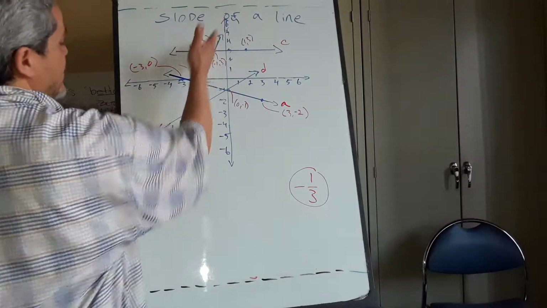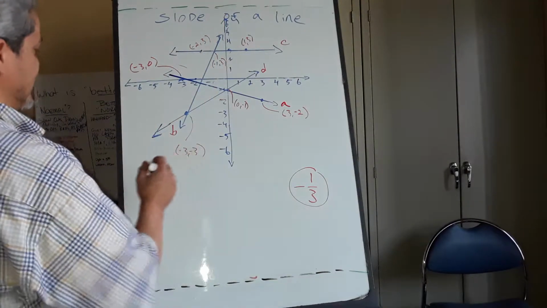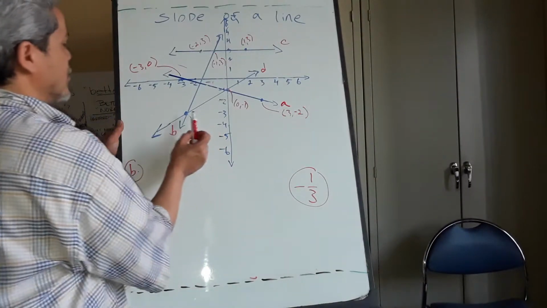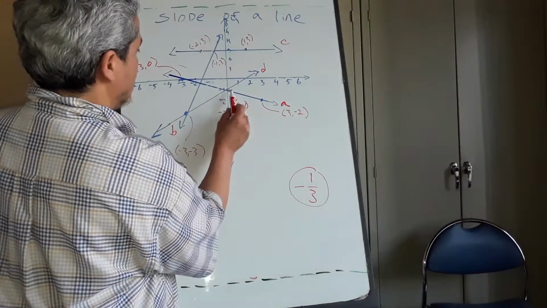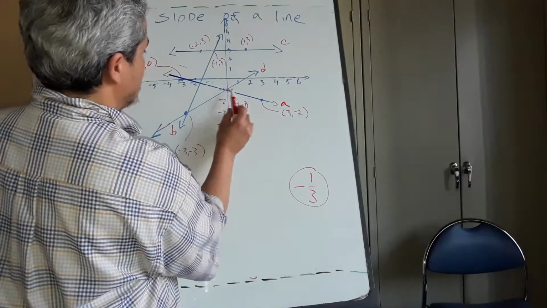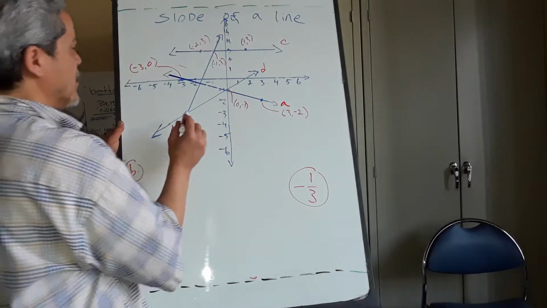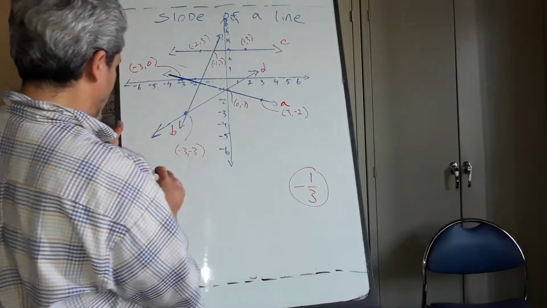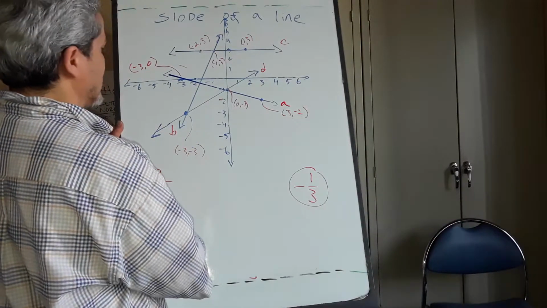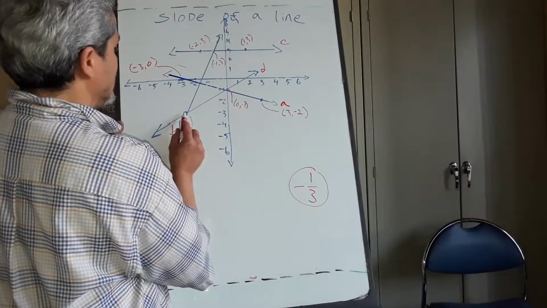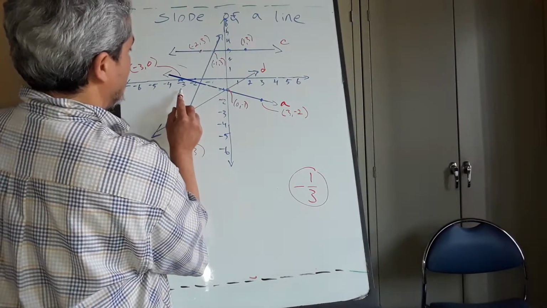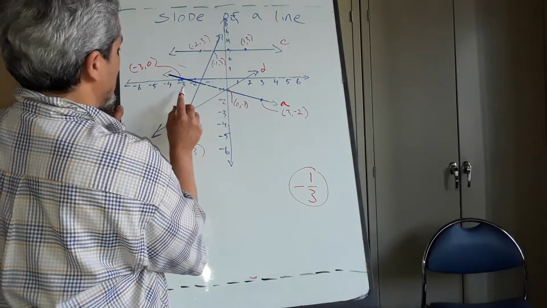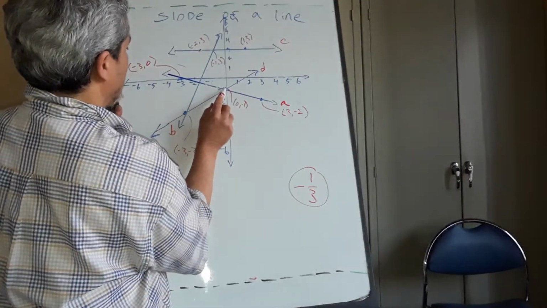So let's try B. Now, to go from -3 to here, which is -1, that's the other point, we go up 1, 2. So we go up 2, and then to get to the y coordinate, we do 1, 2, 3.